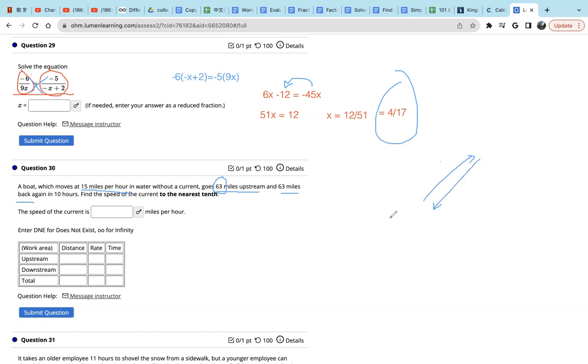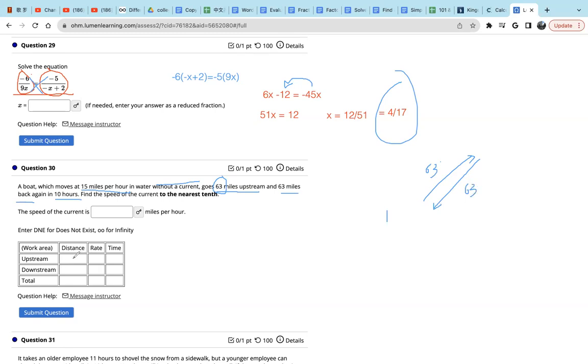The total time is 10 hours. So going back and forth, total time is 10 hours. We want to find the speed of the current to the nearest tenth. So what's the total distance? 63 times 2.